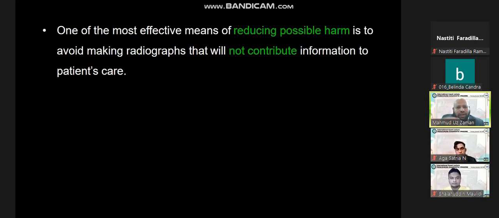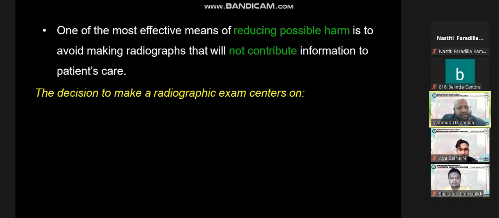But whatever information you want to gather, you can see from the image. So you don't need to expose again. Ideally, you should expose the patient again to get a better radiograph, but if you can gather the valuable information you needed, you don't need to take the radiograph again.